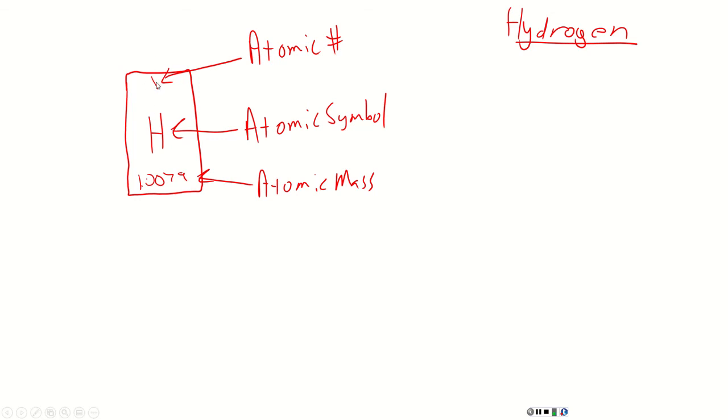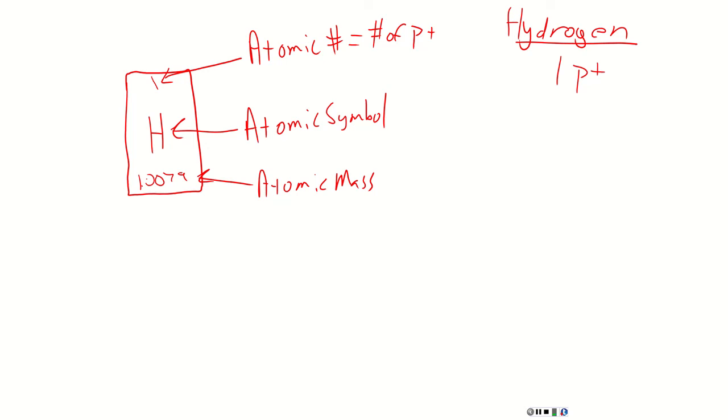But much more important than that, the atomic number tells us the number of protons. The atomic number is the number of protons. So hydrogen has 1 proton because it is atomic number 1.